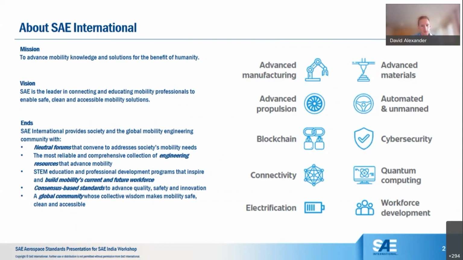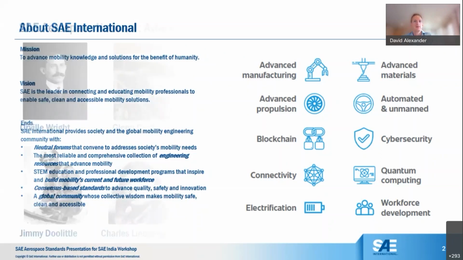Some of the key topics, and some of these we'll be hearing about from experts throughout the next couple of days, that SAE's board of directors has noted will be important in the coming years: advanced manufacturing, advanced materials, advanced propulsion, including electrification, everything automated and unmanned, the connectivity, and of course then the cybersecurity that we need to mitigate threats. Then looking at blockchain, quantum computing, and then underlining all of this again is that development of the workforce, whether it's through professional development and training, through the consumption of content, or through the participation on standards committees.